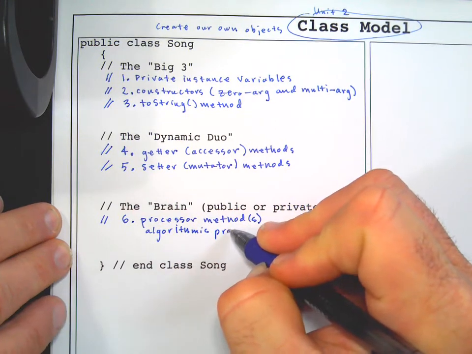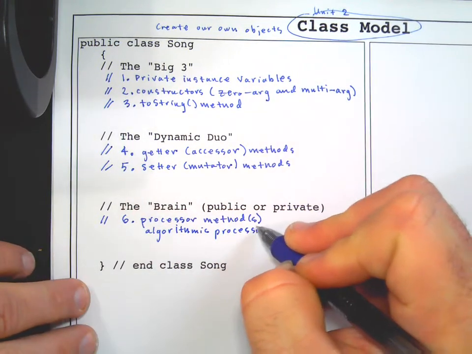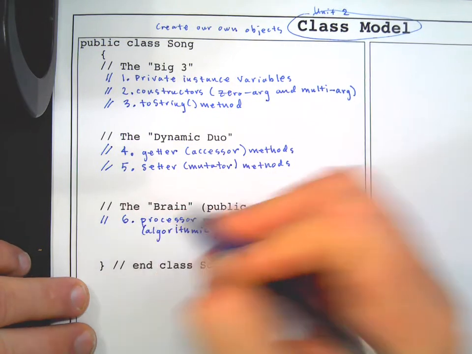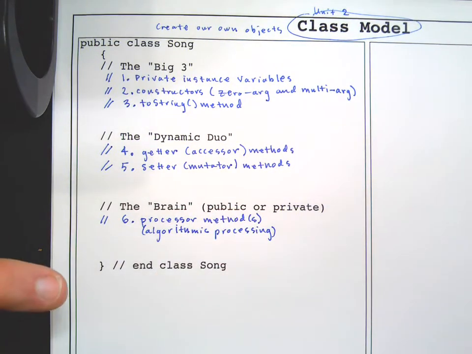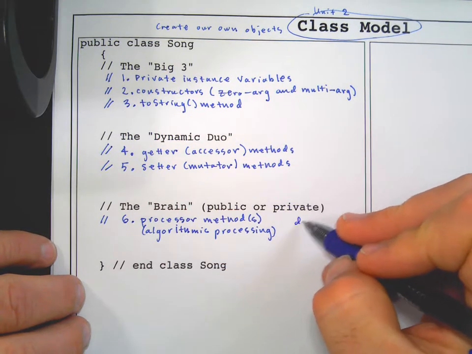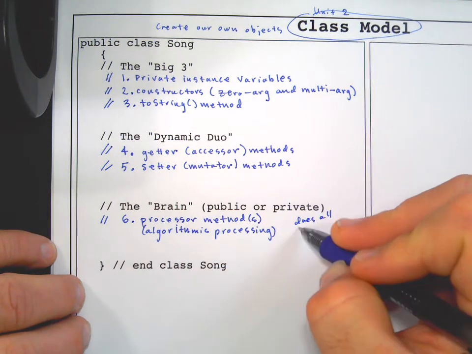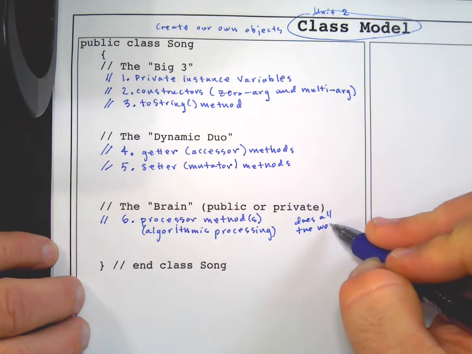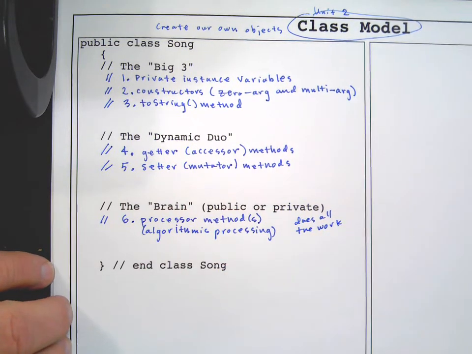Everything else is kind of straightforward, basic stuff, but this is where you might have something that's a little more of a job that's a little hard to figure out. So this does all the work. Everything else is just stuff that needs to be there.